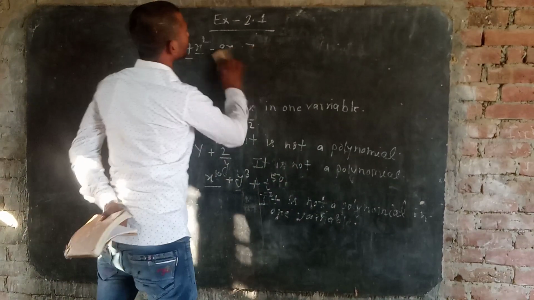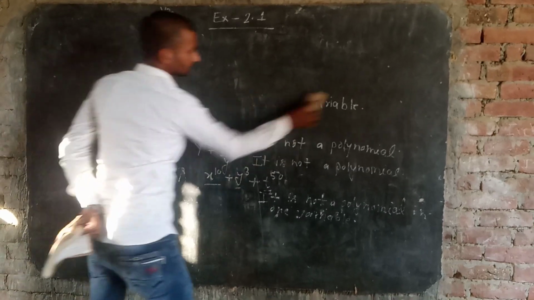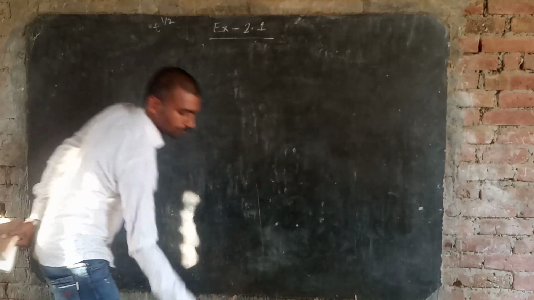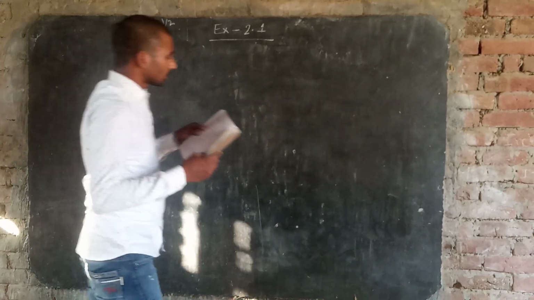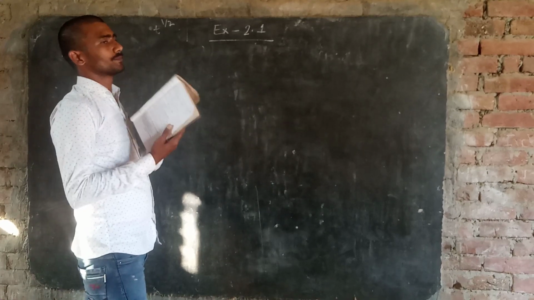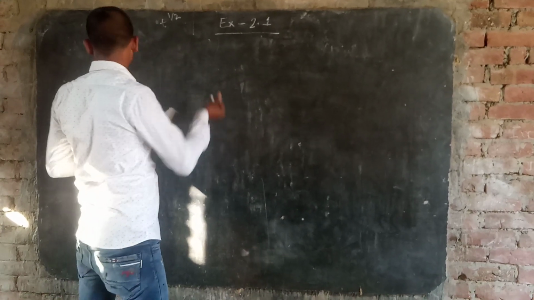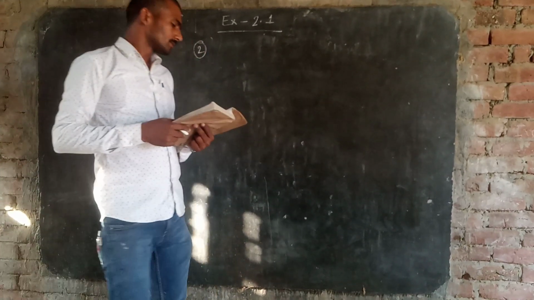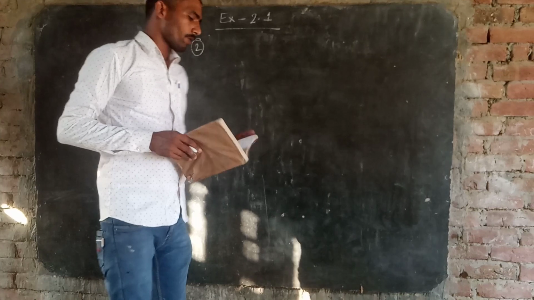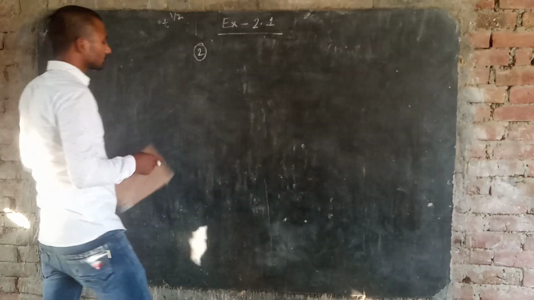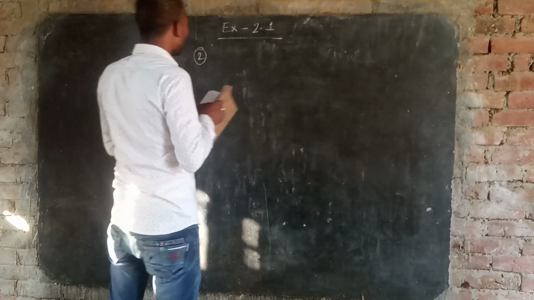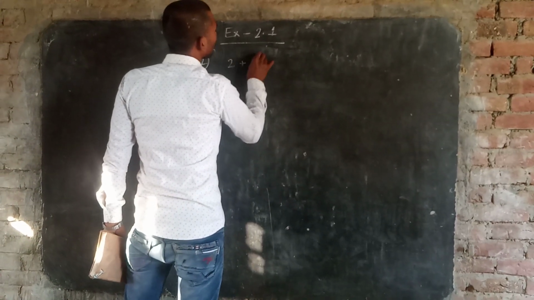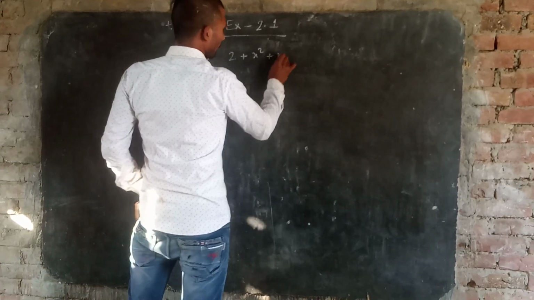Next question, write the coefficient of x square in each of the following. In the first one we have to write the coefficient of x square, meaning the multiple of x square. 2 plus x square plus x.